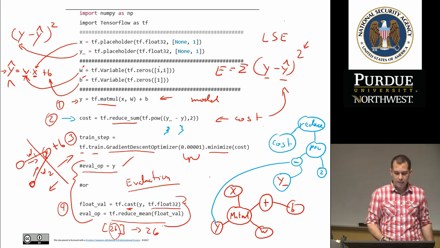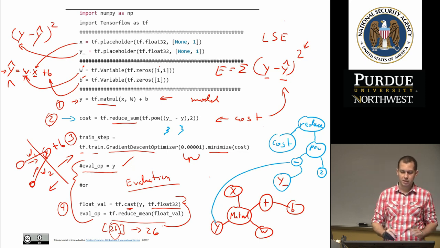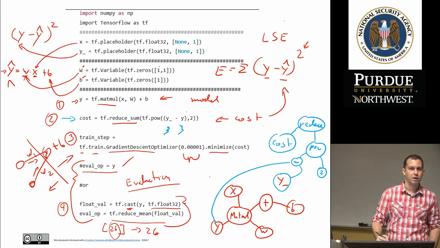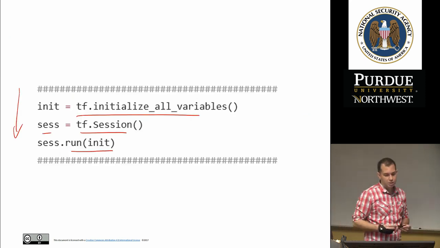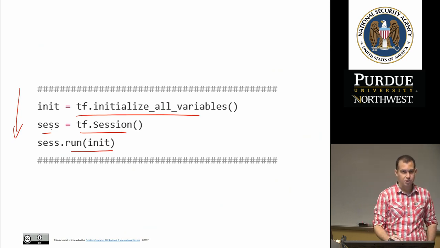All right, so that concludes this part. This is actually the most difficult part of the entire TensorFlow section for linear regression. In this section here, we are going to focus on the session. This should be pretty straightforward.